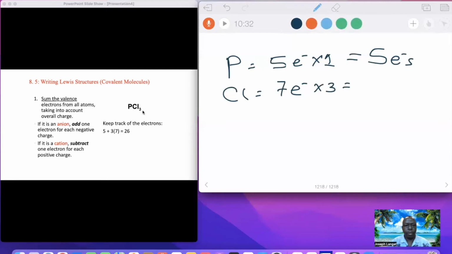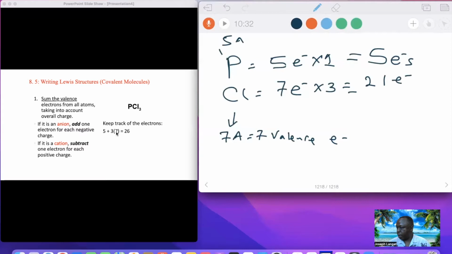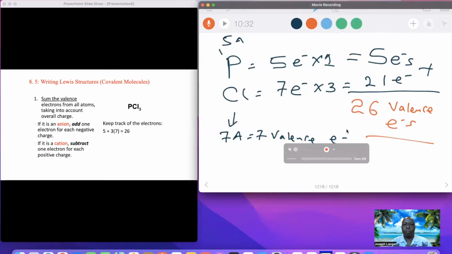We have 3 chlorines, therefore 7 valence electrons times 3, which gives us 21 electrons. If we add, this will give us 26 valence electrons.